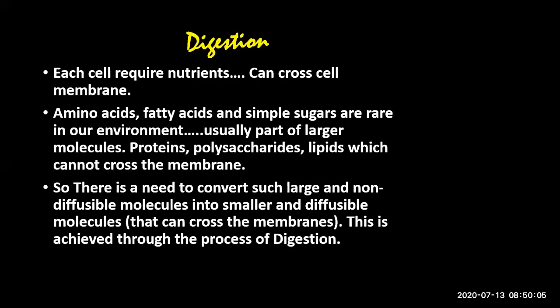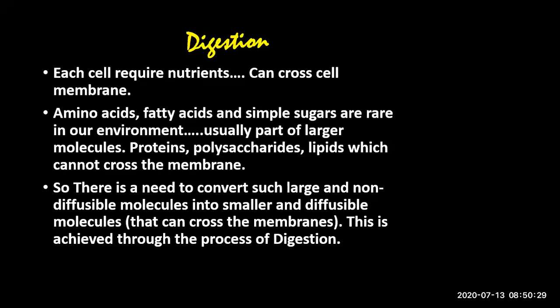The topic of my presentation is digestion, which we have started from here: every cell requires nutrients. They require small amino acids, small sugars, and proteins for their digestion. But mostly the amino acids, fatty acids, and sugars do not exist in a smaller state. They exist in polymer form, which cannot cross the membrane.